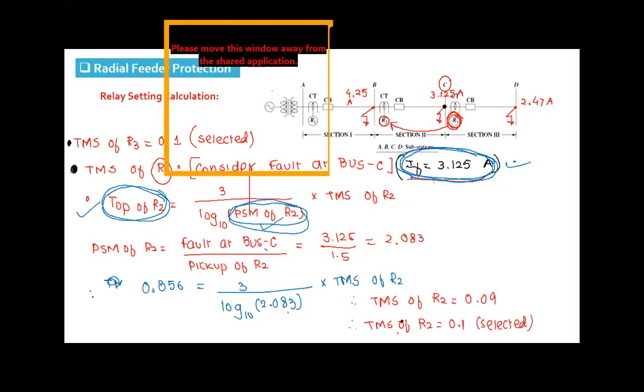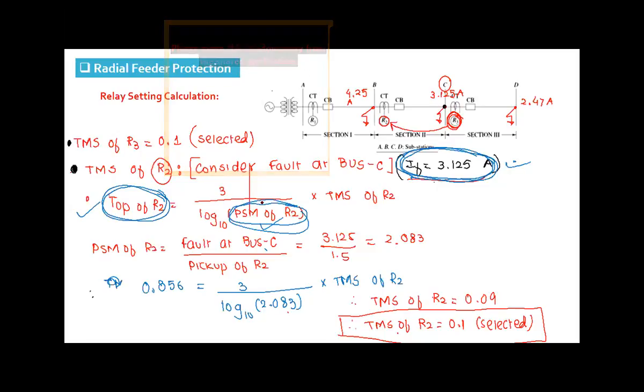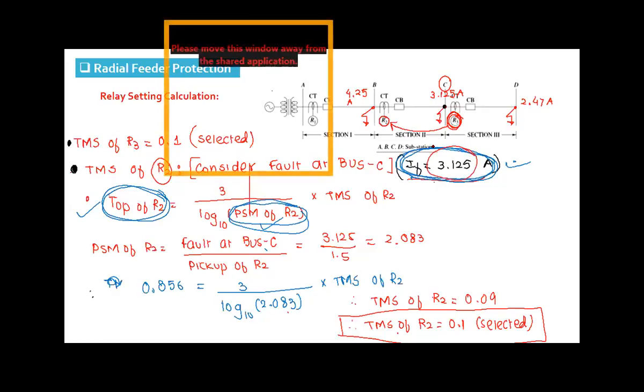Now you might have a doubt કે R3 નો TMS પણ 0.1 છે ને R2 નો TMS પણ 0.1 છે તો ભાઈ કેવી રીતે ઓપરેટ થશે? No, because there is a difference in PSM, plug setting multiplier. R3 ને આ ફોલ્ટ કેટલા ટાઈમ્સ લાગે છે? For R3, PSM for this fault is 3.125. એટલે R3 ને આ ફોલ્ટ એના પિકઅપ કરતા 3.12 ટાઈમ લાગે અને R2 ને સેમ 2.083 ટાઈમ.